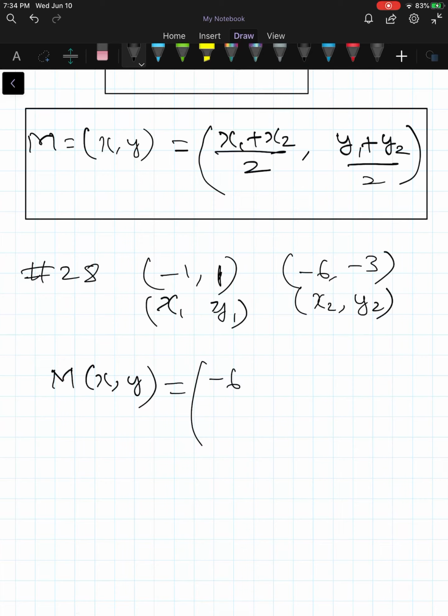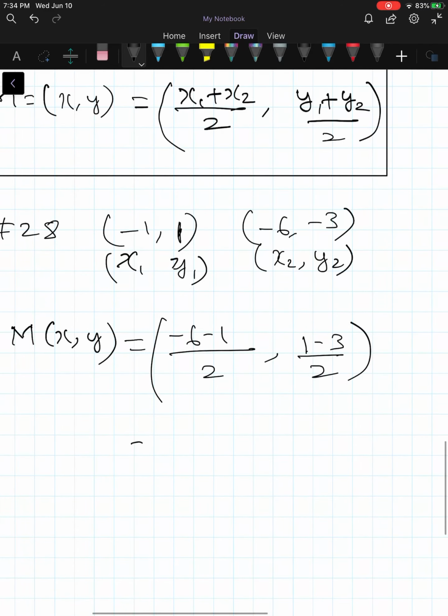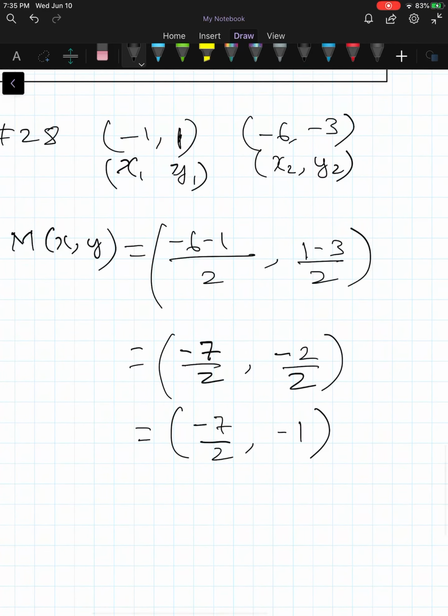So that would give us x2 is nothing but -6, x1 is -1. So -1 plus -6 divided by 2, 1 plus -3 divided by 2. So that would give us -7 by 2, -2 by 2. So this is nothing but -7 by 2, -1.